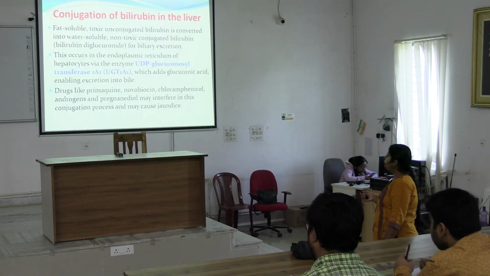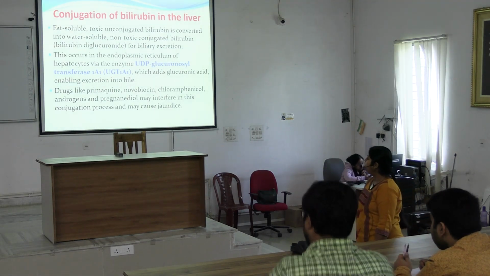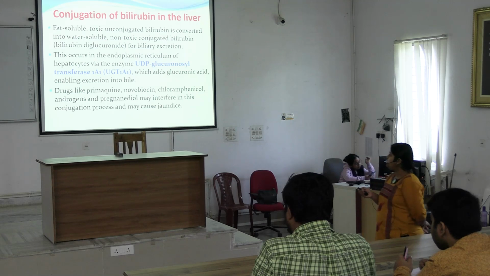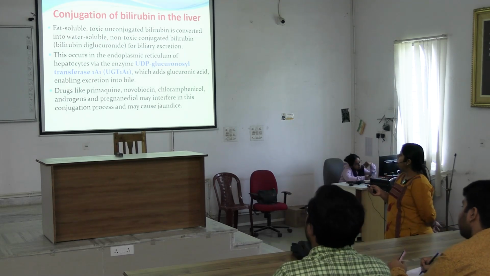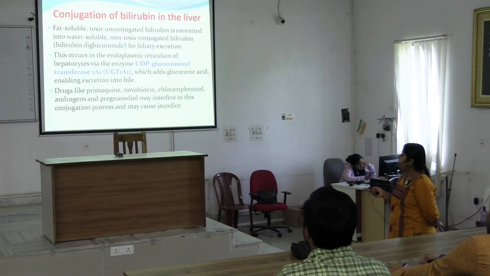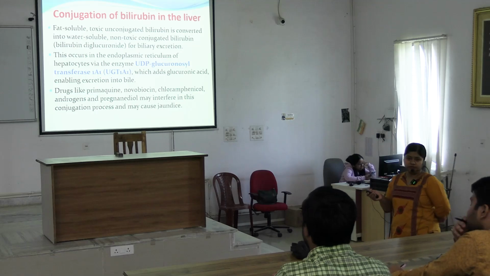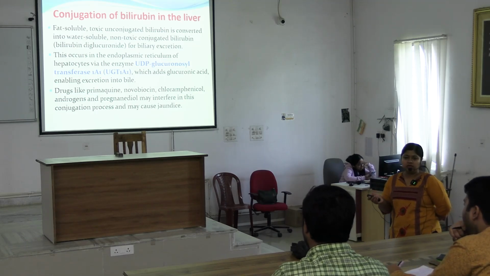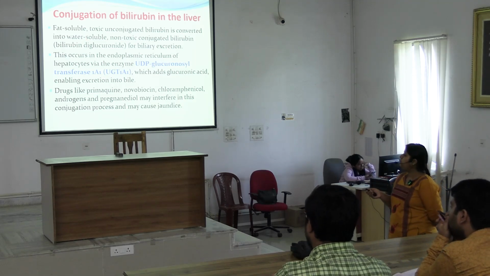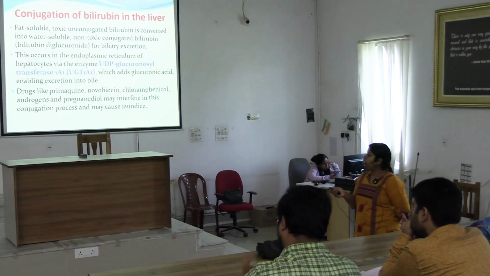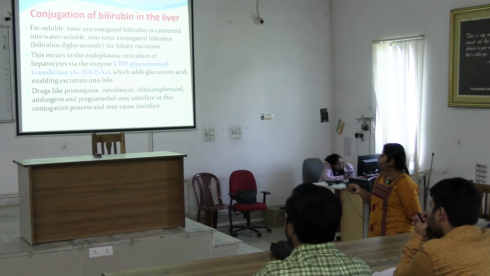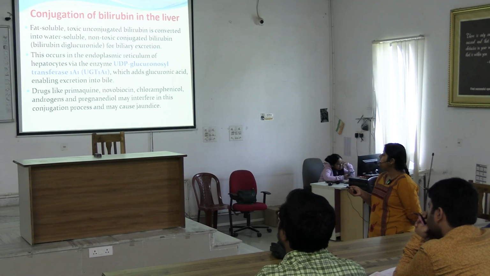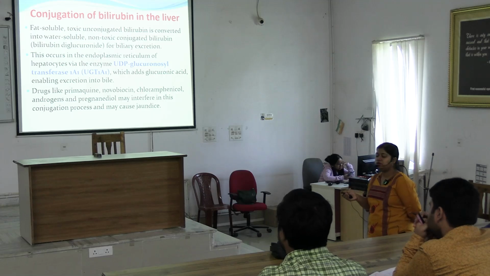Now, conjugation of bilirubin in the liver. What happens? Fat soluble toxic unconjugated bilirubin is converted into water soluble non-toxic conjugated bilirubin. I told you that bilirubin in unconjugated form is fat soluble and neurotoxic. So it should become water soluble, and to get rid of that toxic effect, it should be converted into a non-toxic form.